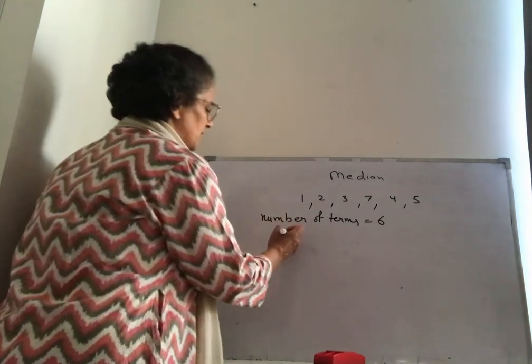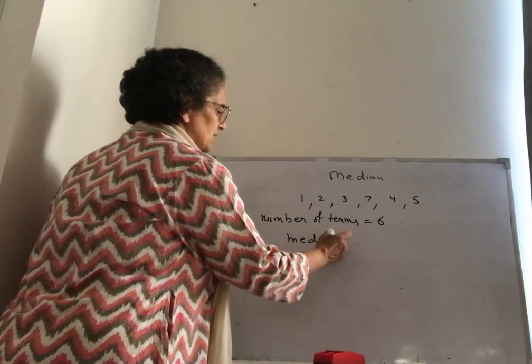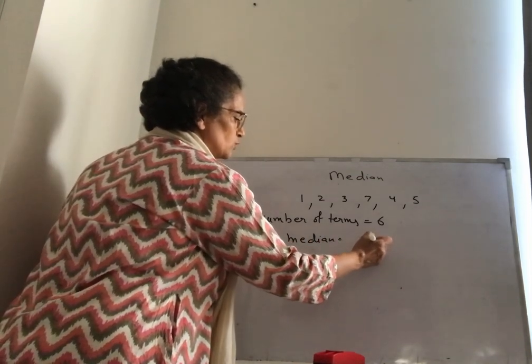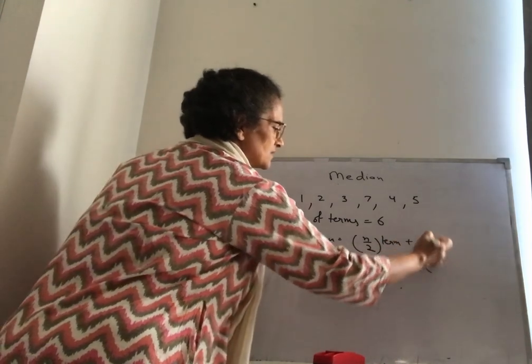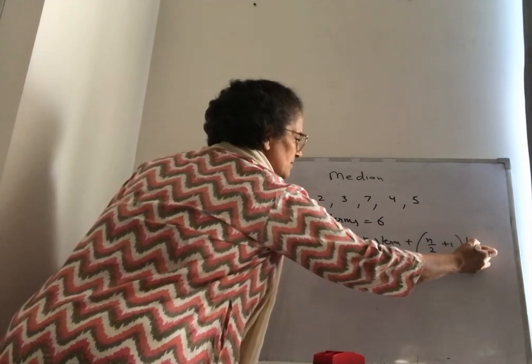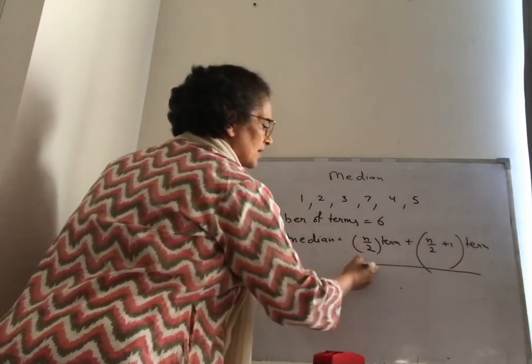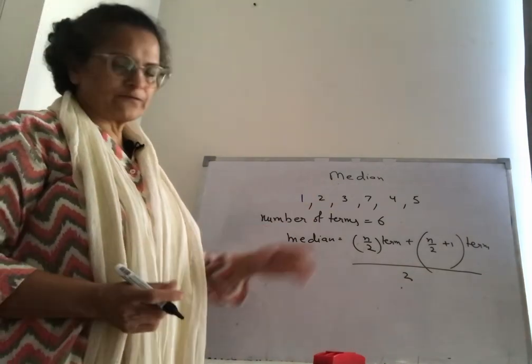For an even number, the formula for median is (n by 2 term plus n by 2 plus 1 term) upon 2.